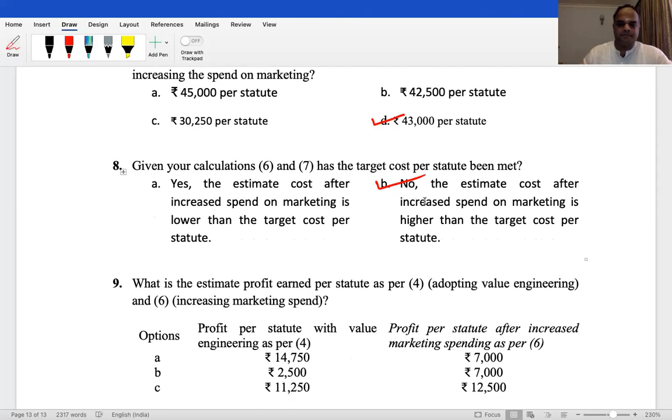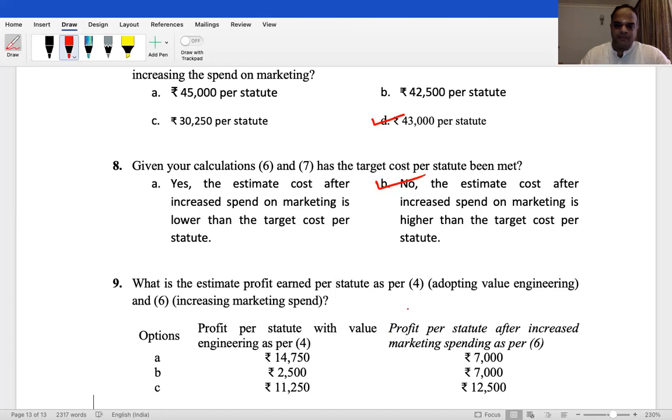Next. What is the estimated profit earned per statue as per 4, adopting value engineering, and 6, increasing the marketing spending? In the above situation, what could be the profit? We got 43,000 cost per statue. So what could be the profit? 7,000 per statue. How come? 50,000 selling price minus 43,000 comes to 7,000.